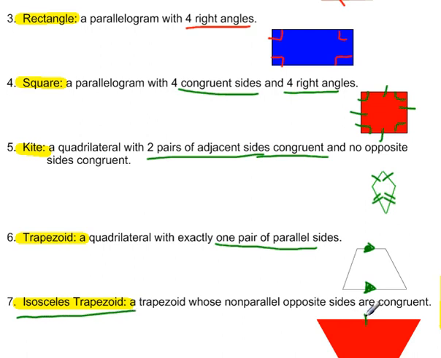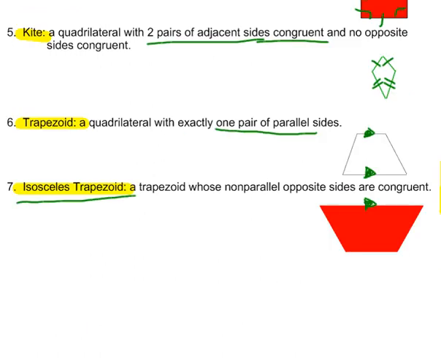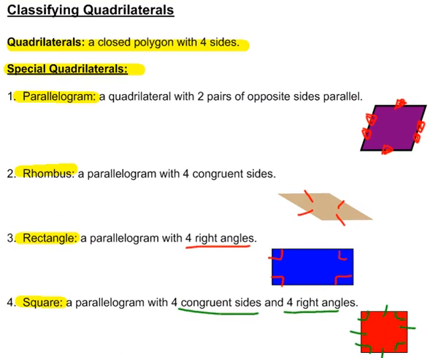It also has one pair of sides that are parallel, but it has these two sides that are not parallel. They're congruent. The two sides that are not parallel are congruent. So, with the base knowledge that we've learned in the definitions, that's basically what this lesson is about.